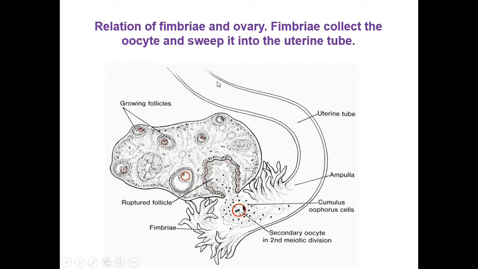When it reaches the isthmus, it stops its movement, and after release of the ovulated ovum, the ovum releases some chemoattractant, so the sperm from the isthmus come into the ampullary region where fertilization occurs.